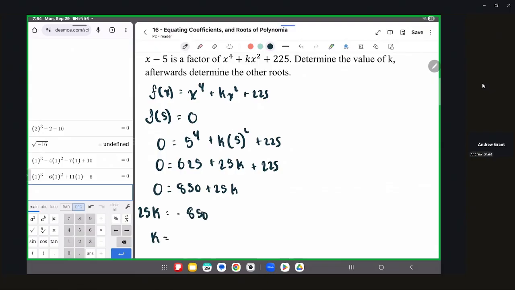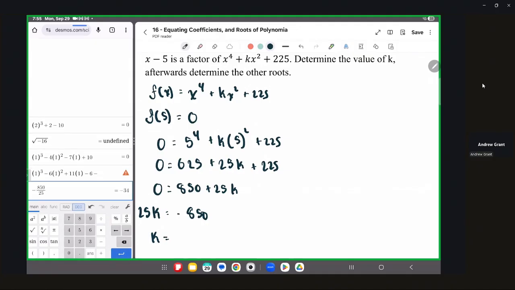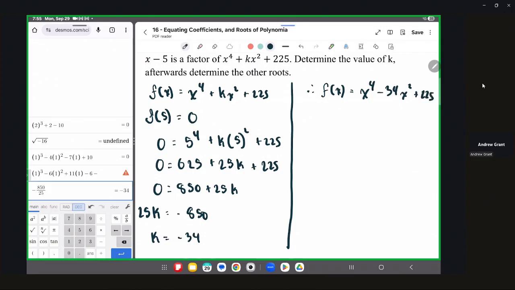So k will be equal to whatever negative 850 divided by 25 is. So k equals negative 34. So therefore, f of x will be equal to x to the power of 4 minus 34x squared plus 225.